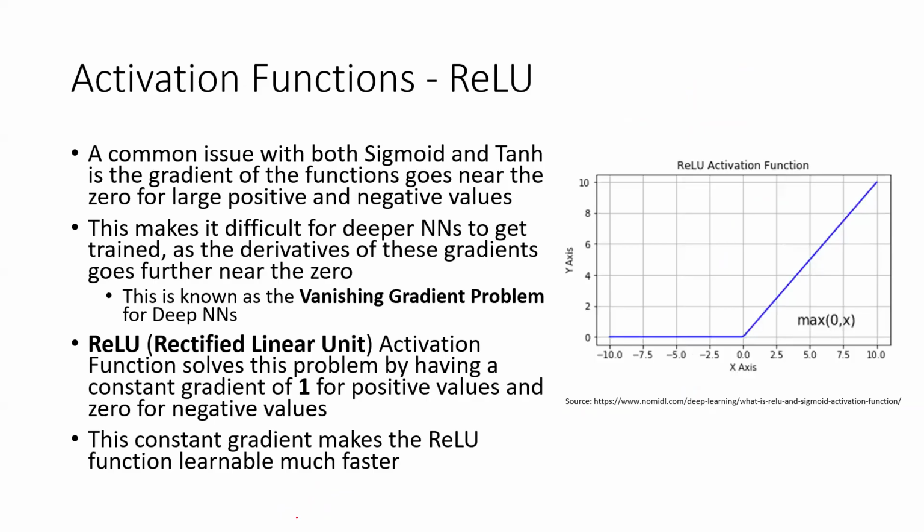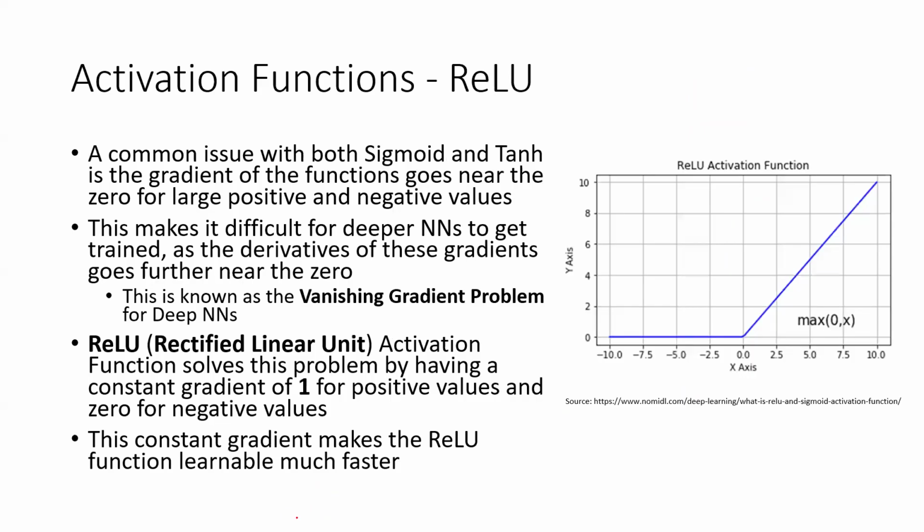Actually, tanh is not the best activation function that you can use. So we said the sigmoid function is not good because it is ranging between 0 and 1. The tanh is better because it is ranging from +1 to -1.